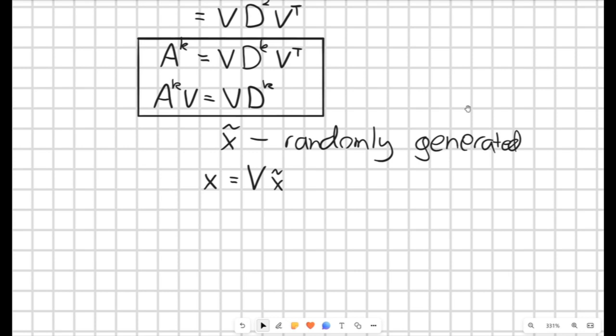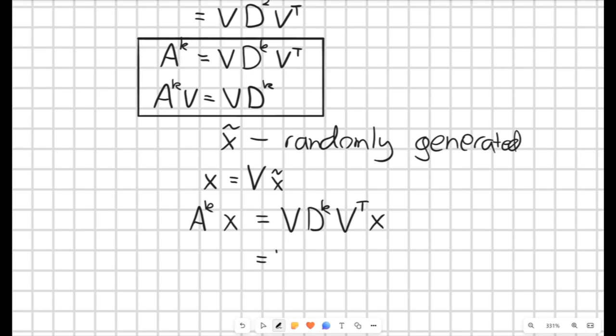So now if we write down A to the power k multiplied by x, then we know that that is equal to, so we've got this definition of A to the power k up here, V times D to the power of k multiplied by V transposed x. We then substitute in this definition we've created for x here.